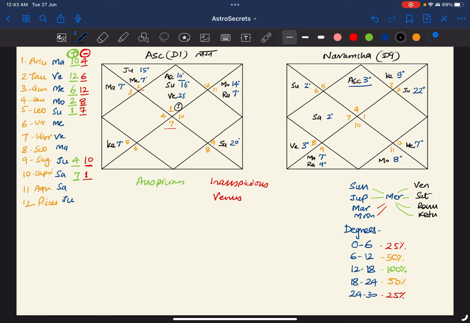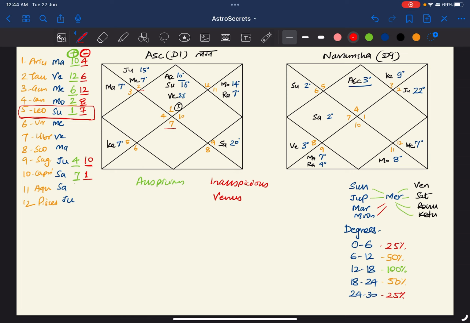The person will be fiery in nature. There are other elements also we'll explore, but in total you can consider this from one being mentioned in the first house. The other element that we have to cover, if you take a look at the left hand side table, here it is written that if Sun is in the first sign, then whatever results Sun is going to give will be amplified.